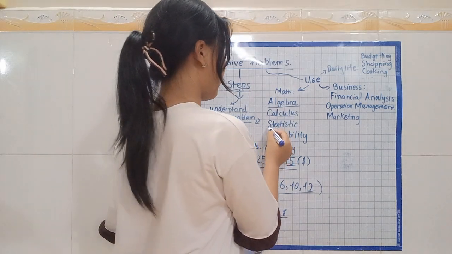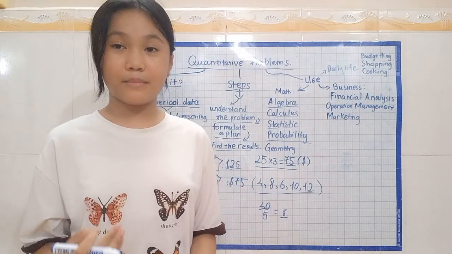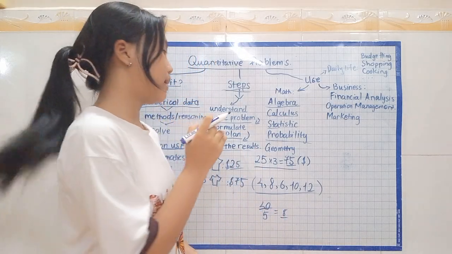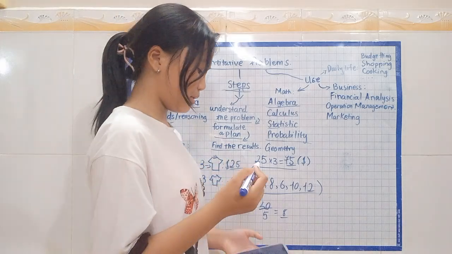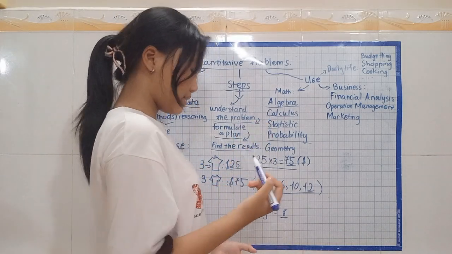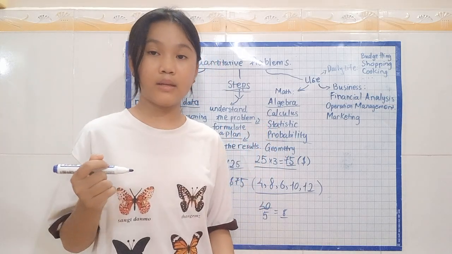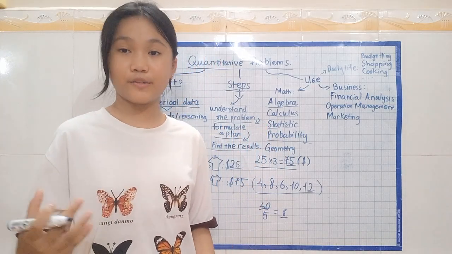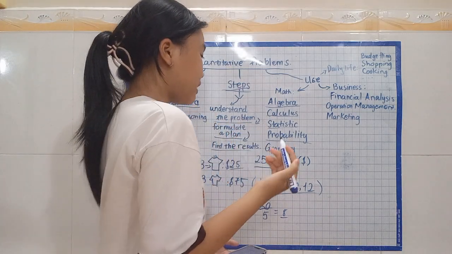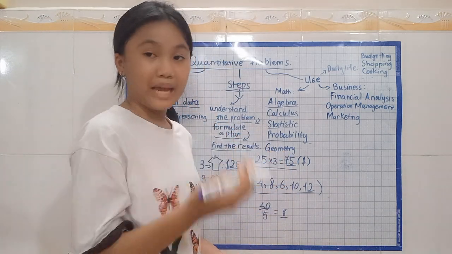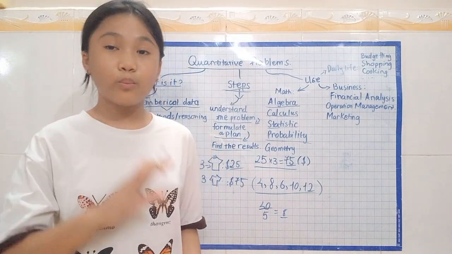Also, we could use it in statistics and probability, which are some of the most important things we use in business, to analyze data and calculate probability in different marketing situations. Also, we could use it in geometry, including spatial analysis, and also trigonometry.